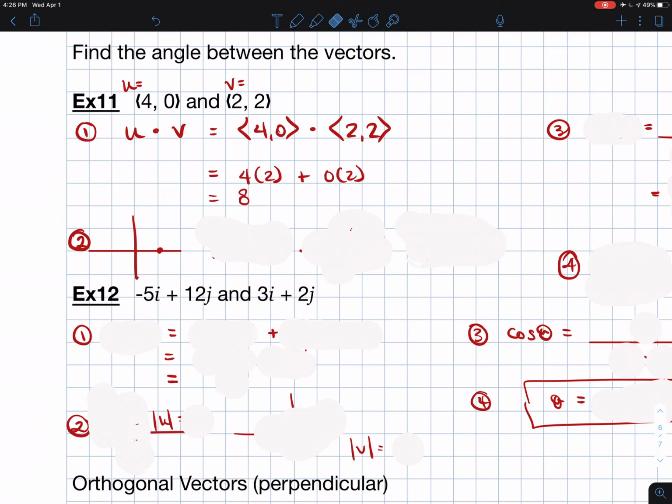The magnitude then is just simply going to be 4. I don't even need to use the Pythagorean theorem because it's on an axis. But my second vector, not on an axis, I draw my little triangle, I do the Pythagorean theorem, and I'm going to get here that my magnitude, my radius, is 2 root 2. Okay? So I found both of my magnitudes.